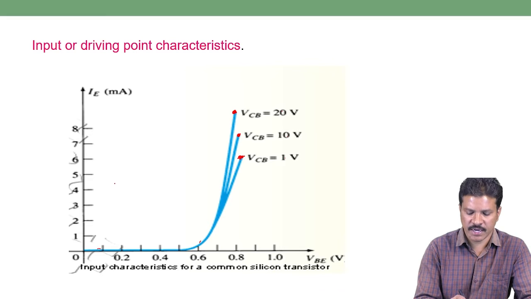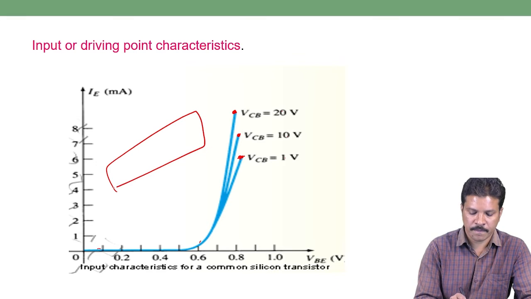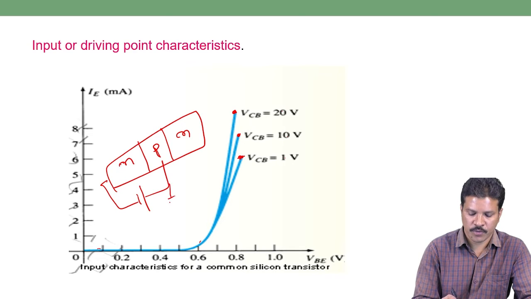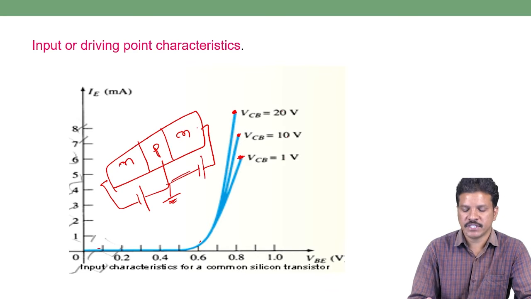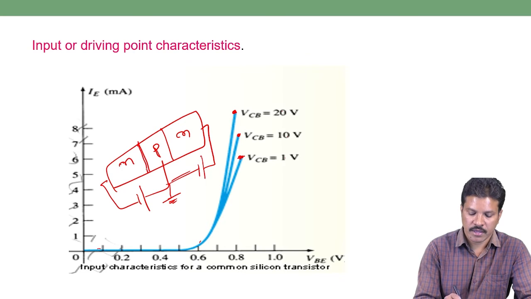As we have seen, it is a three-terminal PN junction device. If it is NPN or PNP, the input is forward biased and the output is reverse biased.